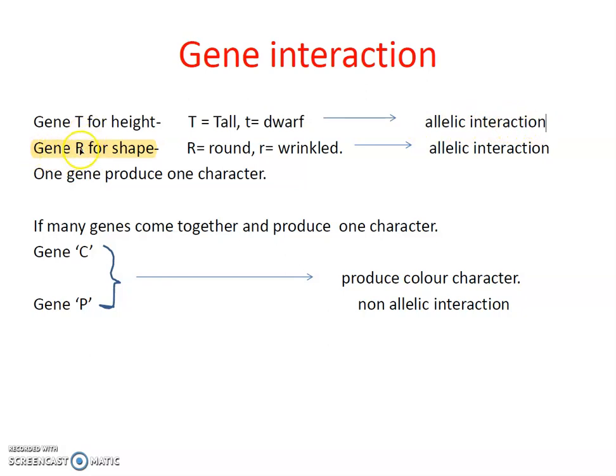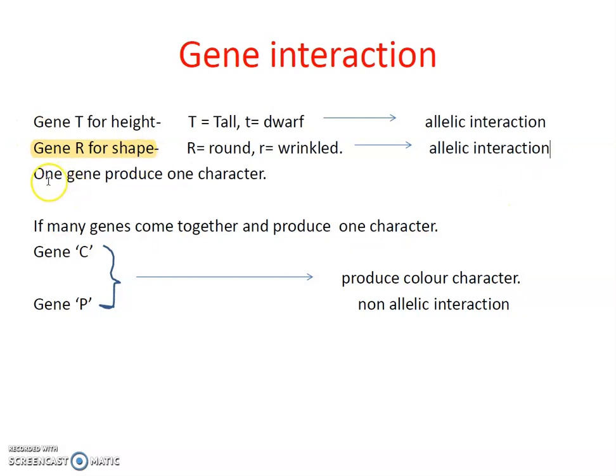In the same way, for gene R for shape, there are two alleles, capital R and small r, meaning dominant and recessive. When these alleles interact with each other, meaning cross with each other, that type of interaction is called allelic interaction.